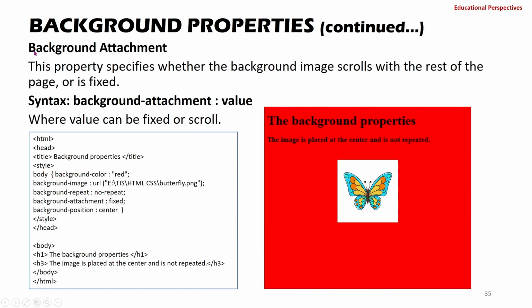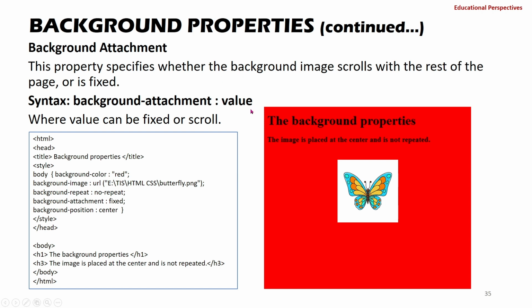Now we come to our next background property, which is background-attachment. This property specifies whether the background image scrolls with the rest of the page or is fixed. Syntax is background-attachment: value.